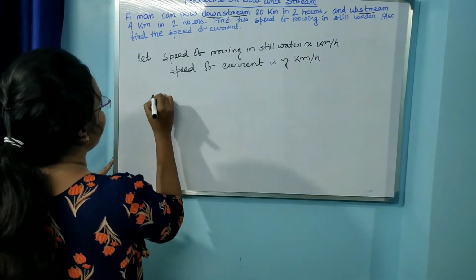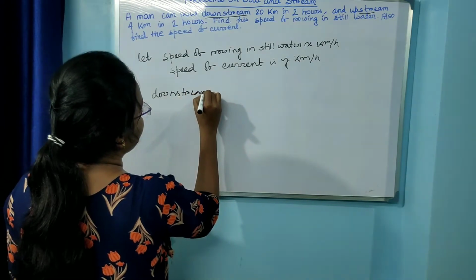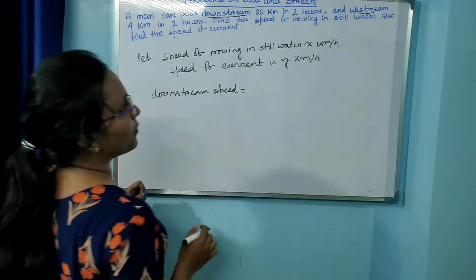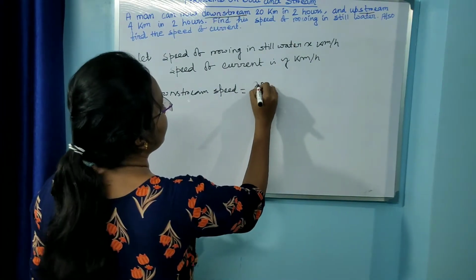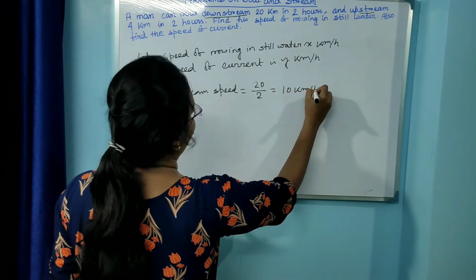So in downstream, speed equals 20 km in 2 hours. For finding speed, we have to divide distance by time, that is 10 km per hour.